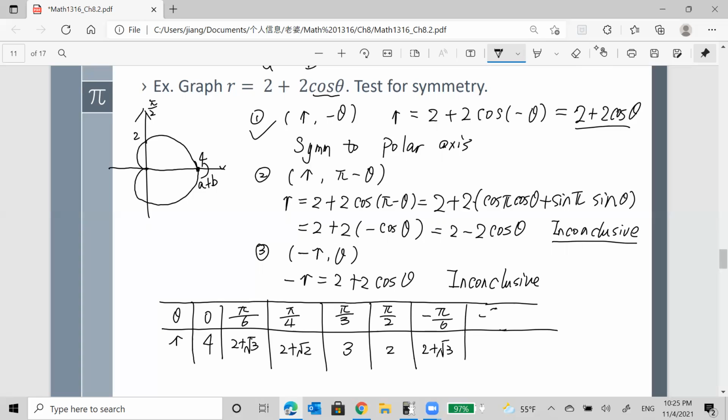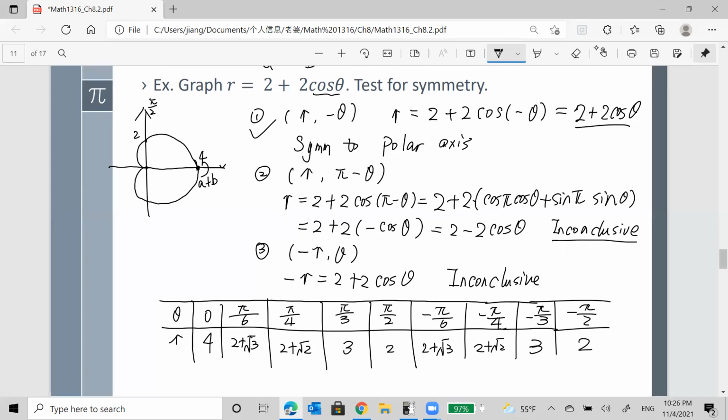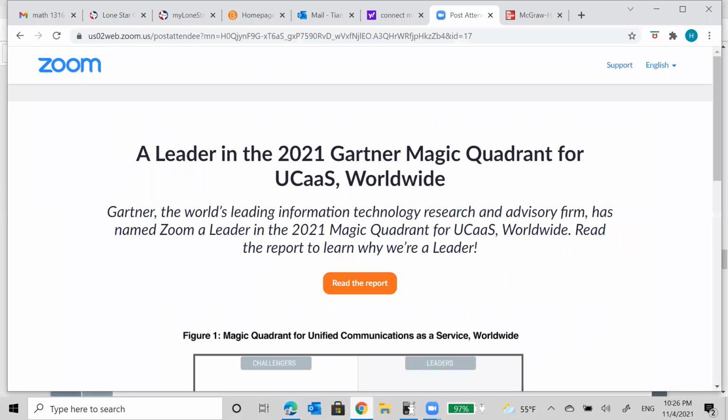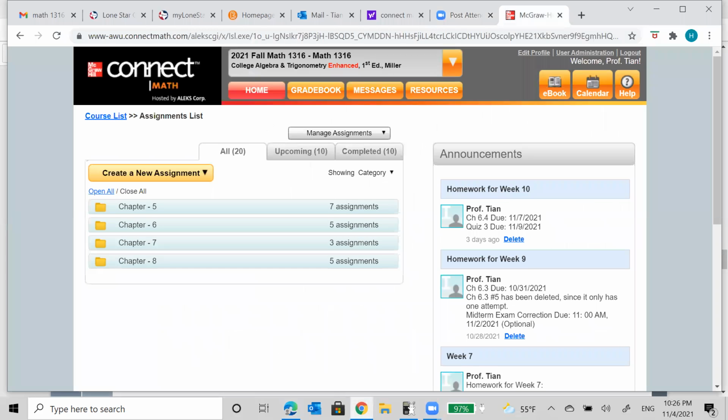Next one is negative pi over 4, and it's 2 plus square root of 2, and then negative pi over 3, that's positive 3, and negative pi over 2, that's 2. So I have 1, 2, 3, 4, 5, 6, 7, 8, 9, 10. I have 10 points.